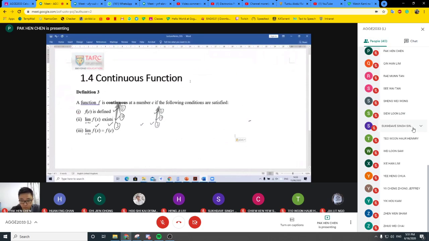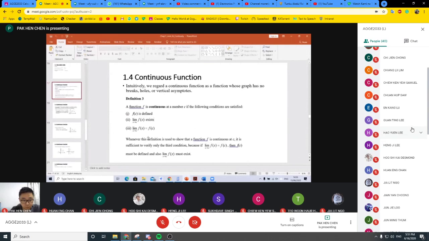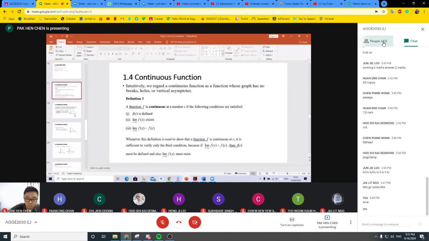So for this definition, how do we see whether the function is continuous or not?